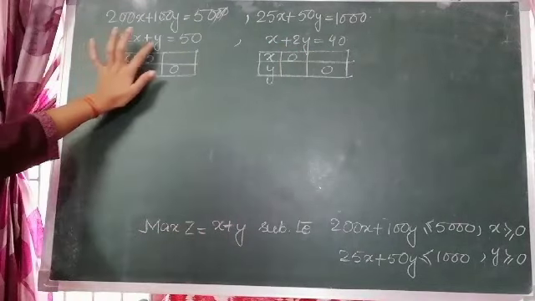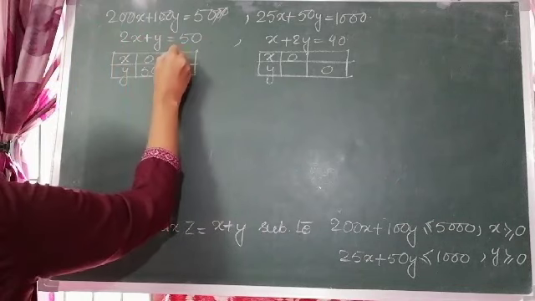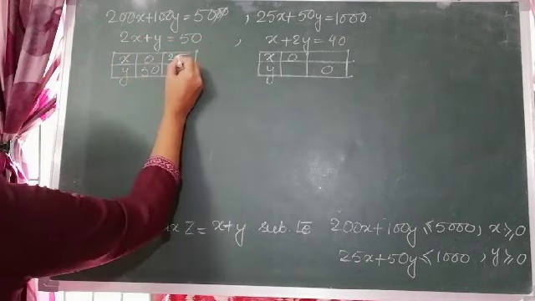So if you put x equals to 0 here, y will be equal to 50, and if you put y equals to 0, then 2x equals to 50 means x equals to 25.